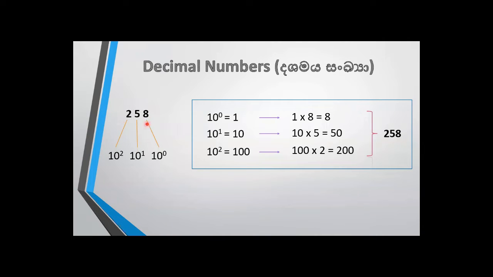If you take a number, let's say 258, and if you take this one particular digit, you can include 0 to 9 in there. So that's how the decimal numbers are getting arranged. So we can include any digit between 0 to 9 to represent a decimal number.